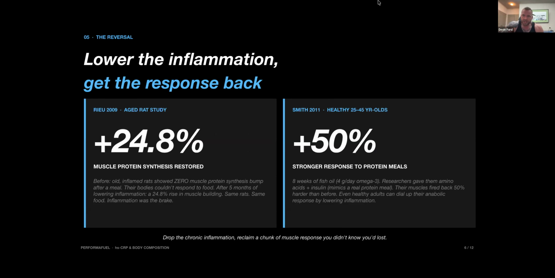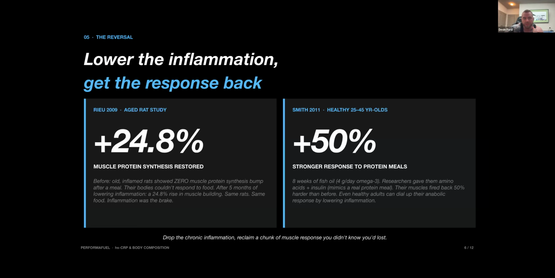So this was really interesting. This was a study with rats, where they had basically highly inflamed rats and non-inflamed rats. I don't know what they did to these rats, but I'll just read it straight up. Before, the old inflamed rats showed zero muscle protein synthesis bump after a meal.